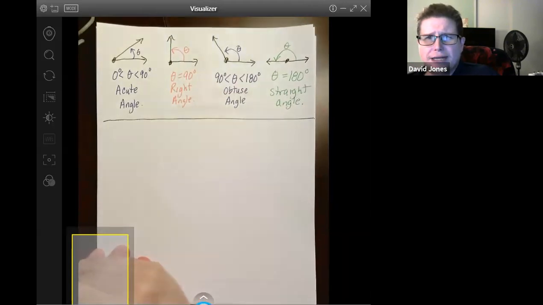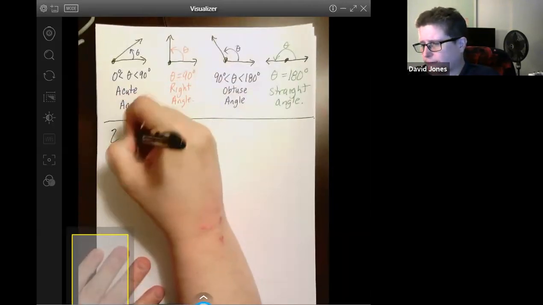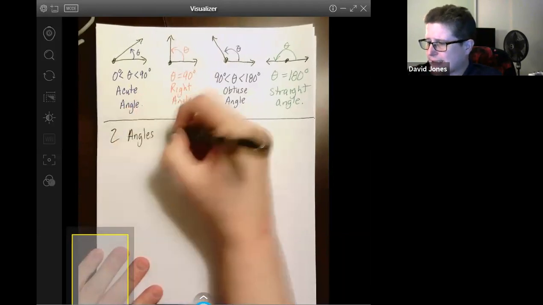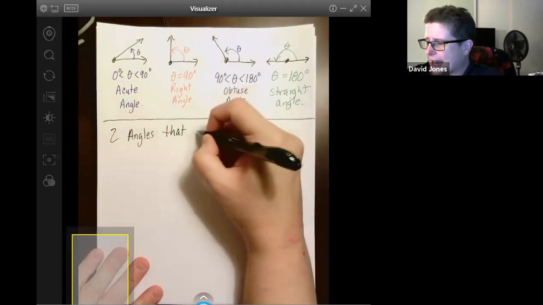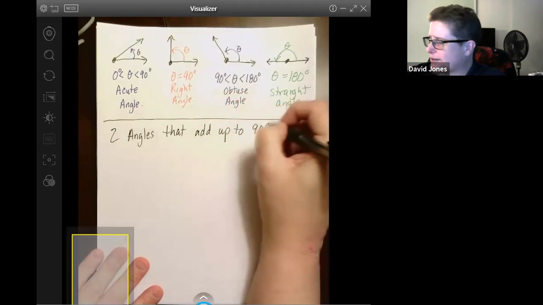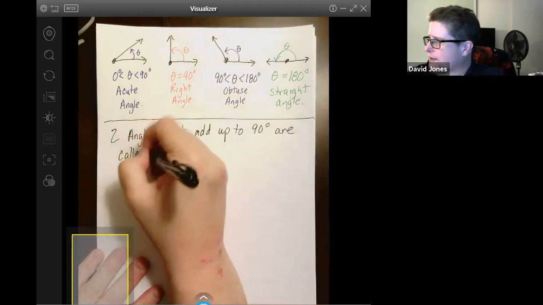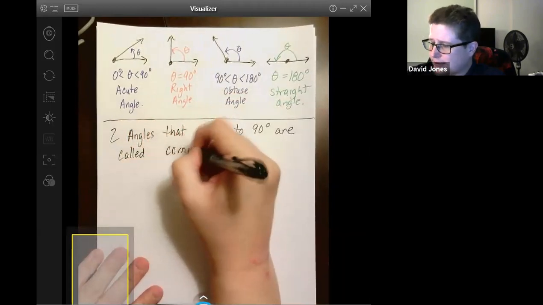More information you need. 2 angles that add up to 90 degrees are called complementary angles.